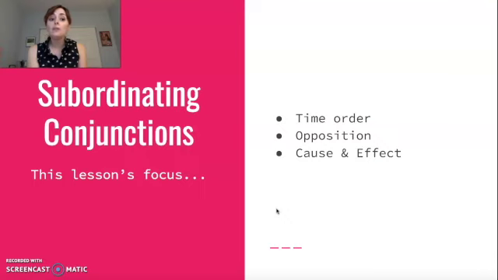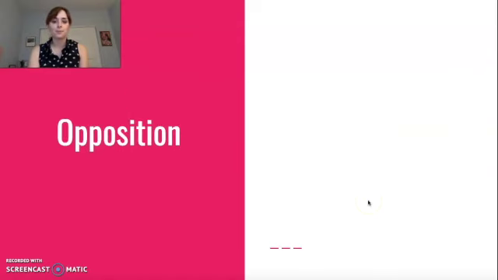So there's a lot of different subordinating conjunctions and a lot of different subordinating conjunction functions, which I just mentioned on the previous page, but today we are just going to focus on time order, opposition, and cause and effect.